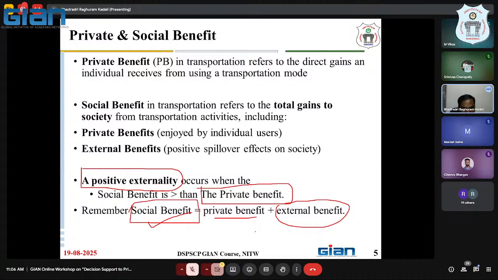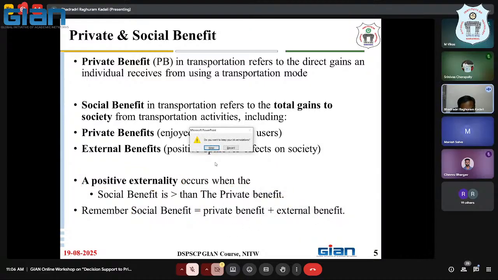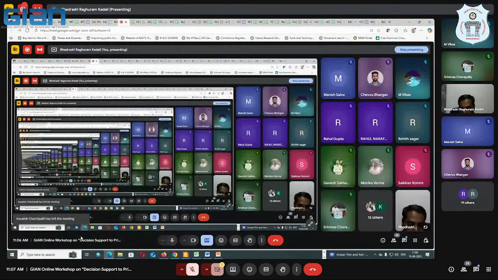Any points or any thought process on when the social benefits will be equal to your private benefits?